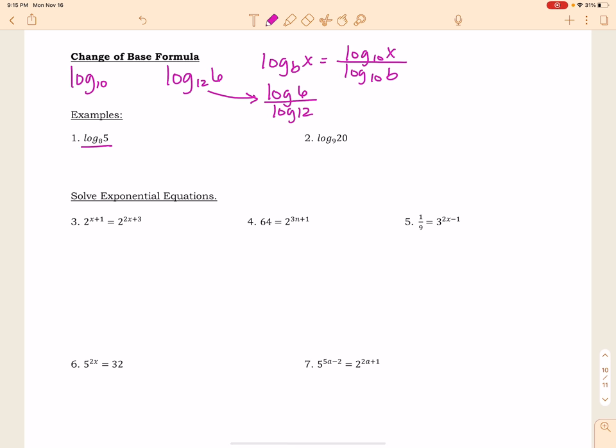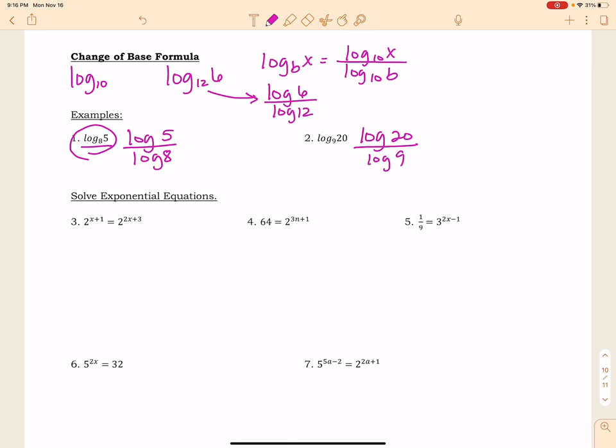For this problem right here, we would write it as log of 5 over log of 8. So if you were just to type that into your calculator, it would give you log base 8 of 5. Same thing here, you would just type in log base 10 of 20 over log base 10 of 9.